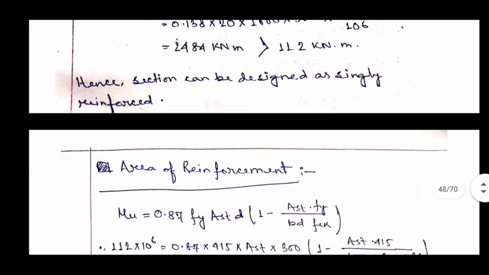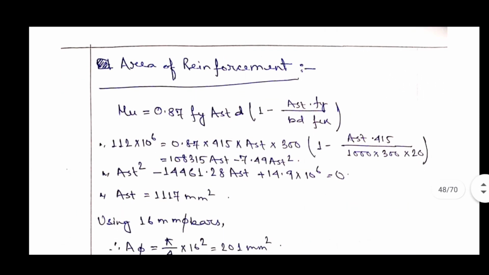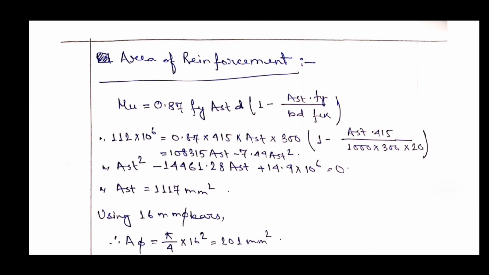Now, next step is area of reinforcement. To find the reinforcement Ast, we should use the formula from Annex G of IS 456 2000. Mu is equal to 0.87 fy Ast d (1 minus Ast fy by b d fck).